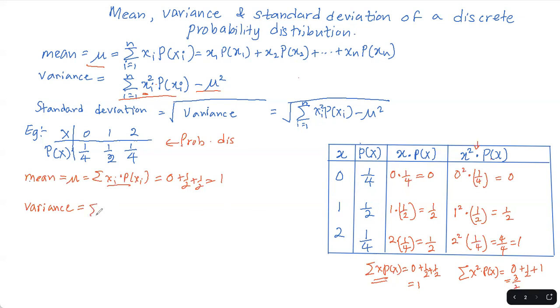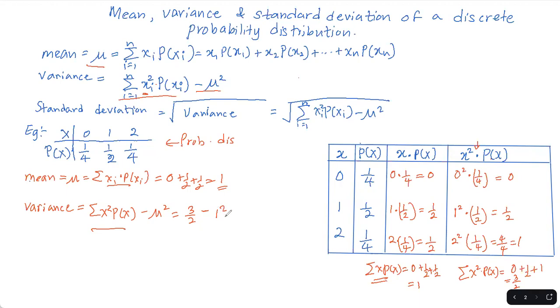So the summation of all the products of x square times probability of x, we found that this term equals 3 over 2, right? And then subtract your mu square. Your mu, the mean, is 1, so it is 1 square.